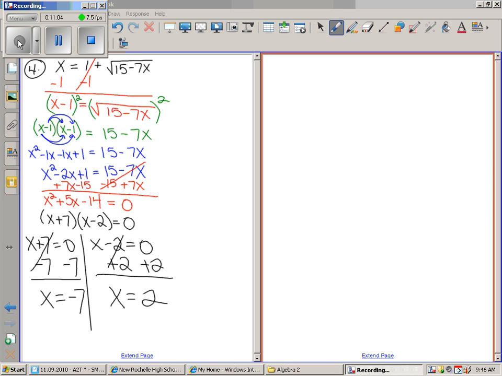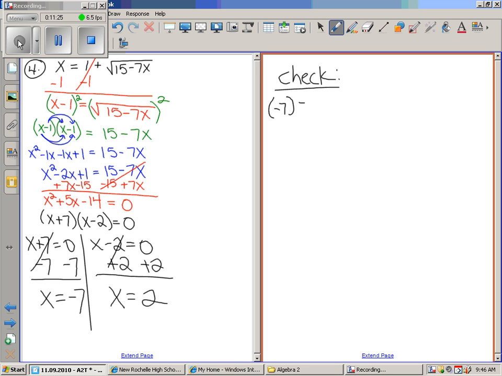All right, here we go. Last part of the problem. So we found that x equal to negative 7 is a possible answer, and x equal to 2 is a possible answer. And every time you have a radical equation and you solve it, you always have to check it. So here we go. We're going to plug in negative 7 first into our original problem.